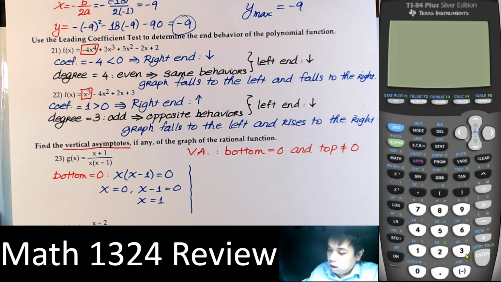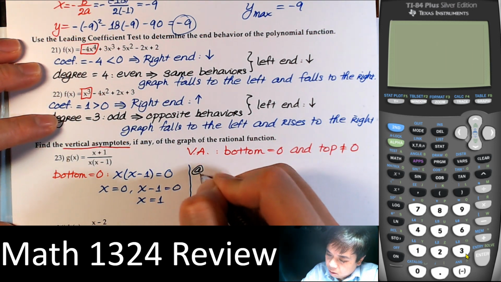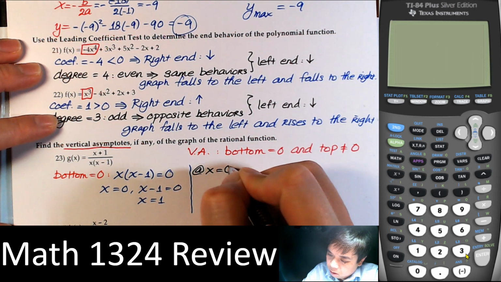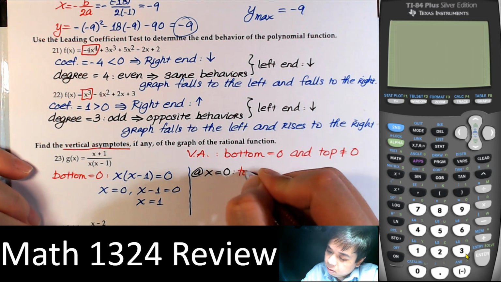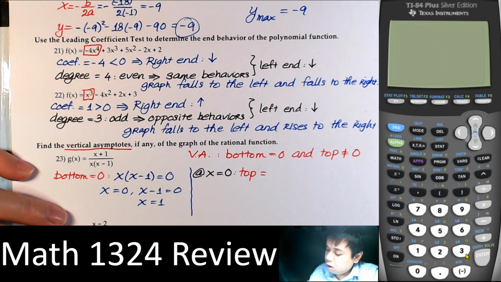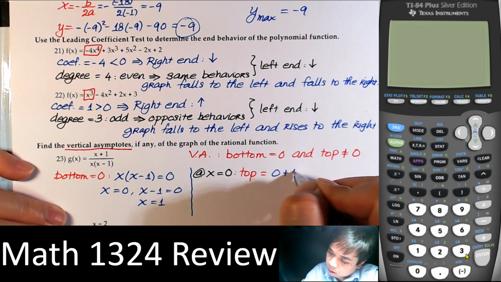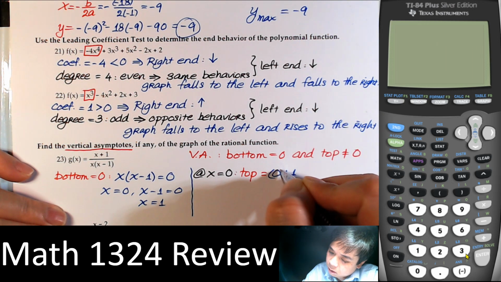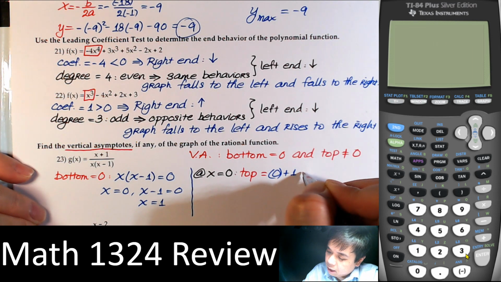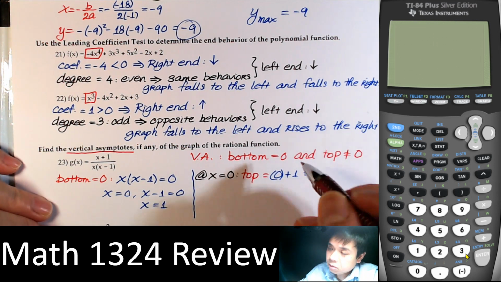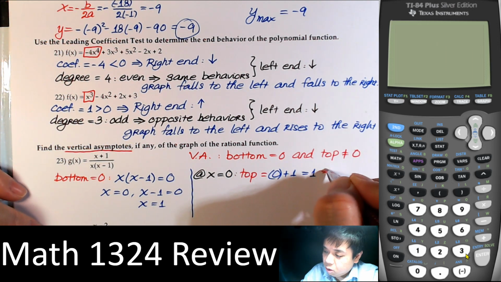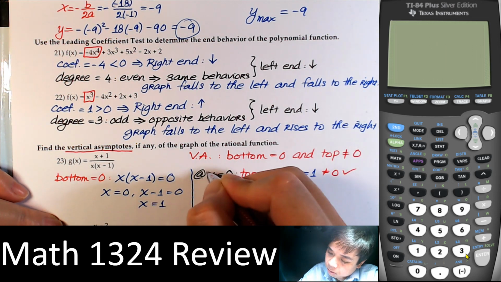Now we say at x equal to 0, the top equals 0 plus 1, and that is equal to 1, and that is not equal to 0, which is what we want.